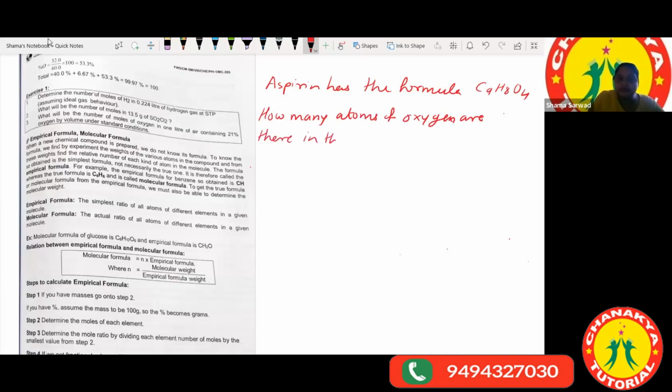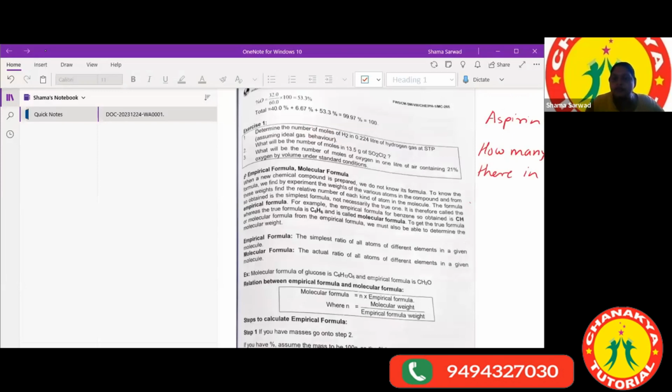In the tablet weighing 360 mg. So how are you going to solve this?